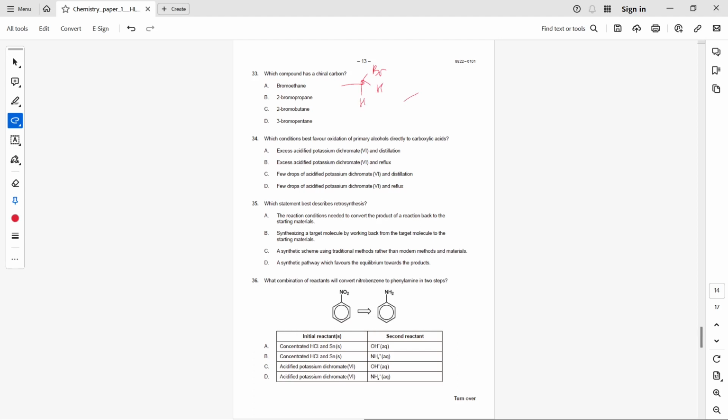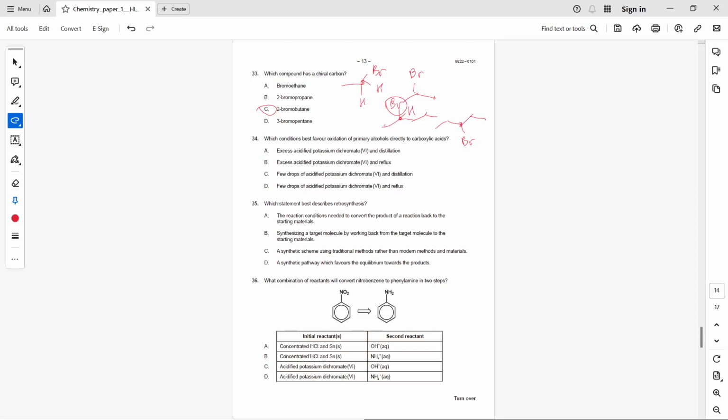The second one looks like this, and it has 2 methyl groups. 2-bromobutane looks like this, and this is chiral because we have bromine, we have H, we have methyl, and we have ethyl. And the next one is going to look like this. And this carbon has 2 identical functional groups, so it's not chiral, so the answer is C.